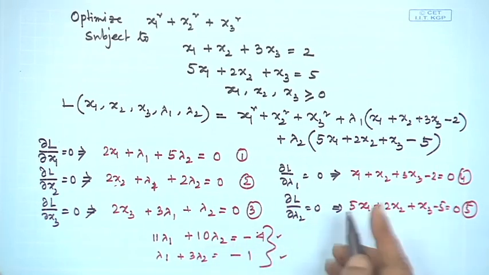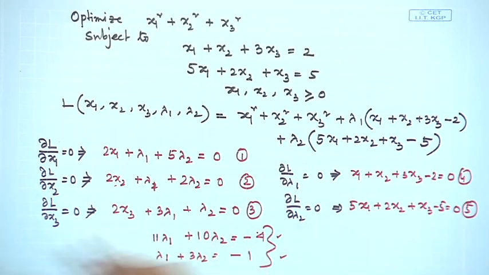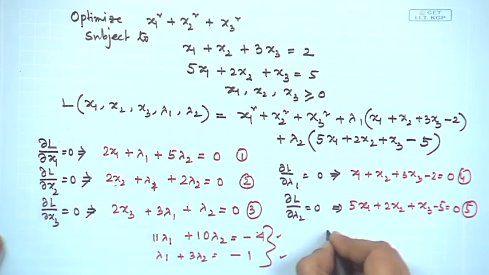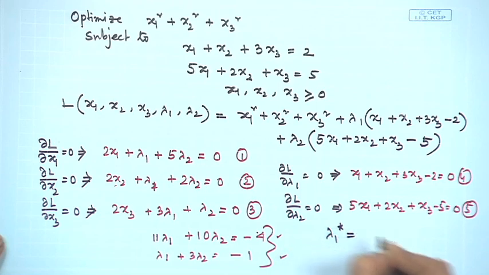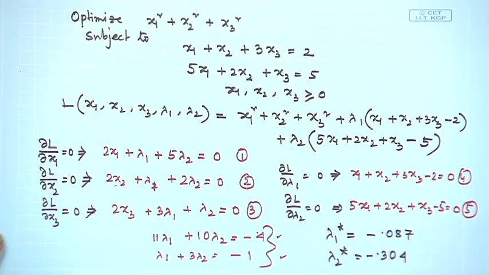From here we get lambda 1 star equal to minus 0.087, all right, and lambda 2 star equal to minus 0.304, all right.